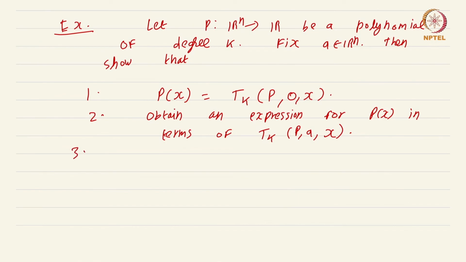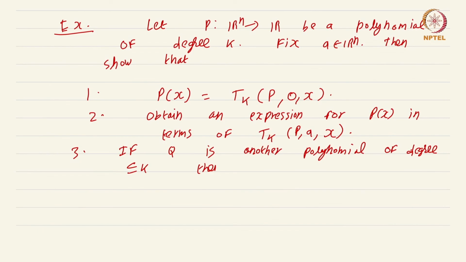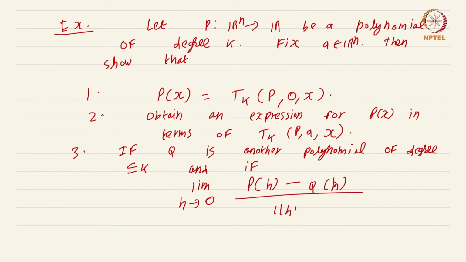Number 3, if Q is another polynomial, actually I don't require degree k, a polynomial of degree less than or equal to k, and if the limit as h goes to 0 of P of h minus Q of h divided by norm h to the power k equals 0, then P is the same as Q. There can be only one polynomial of degree less than or equal to k with this property.